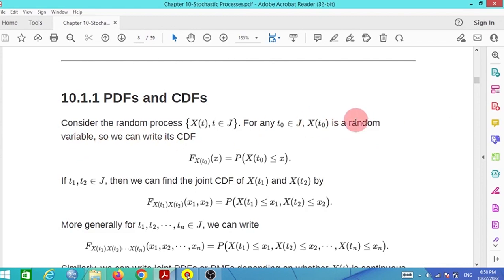So we can define the cumulative distribution function, and if continuous, if X(t) is not continuous in time, continuous for the value of x.